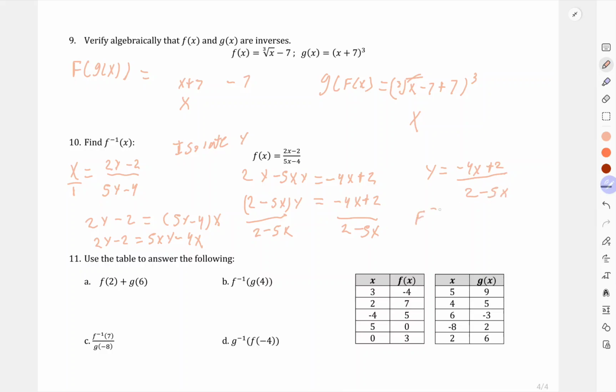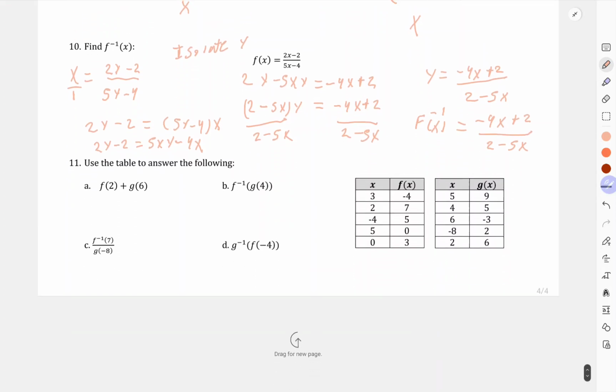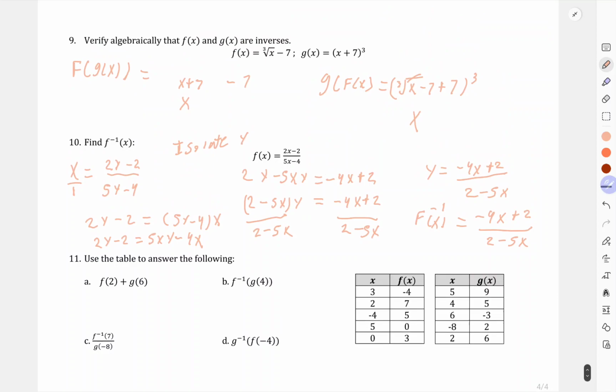Now you write it as an f of negative 1 of x and then equal to the same number, 2 minus 5x. This is the most comprehensive review of this unit that has ever probably been done on YouTube, because this video is going to be 40 minutes long.